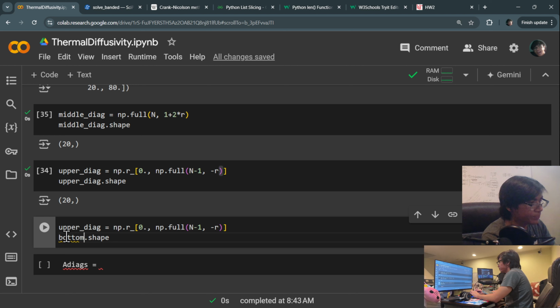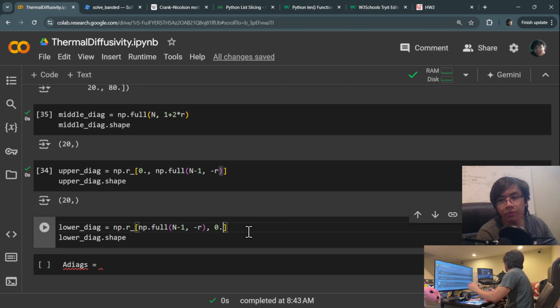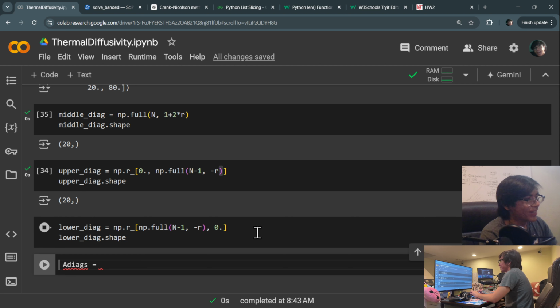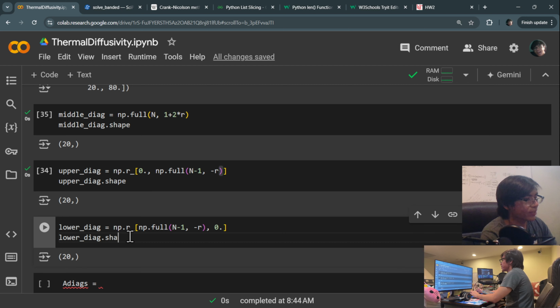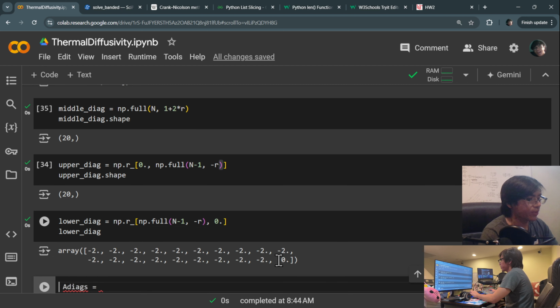Bottom diagonal. I guess lower, upper, lower. So upper diag. Lower diag. And we concatenate along the row, but this time we add 0 to the right-hand side. 20 elements, and check, it should look the exact same, but now 0 on the right.